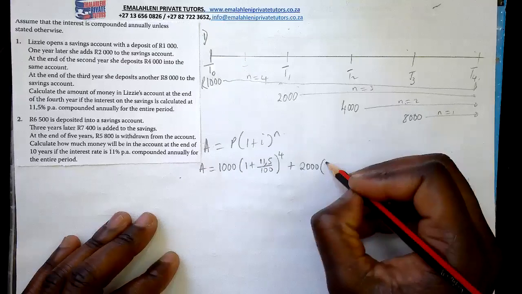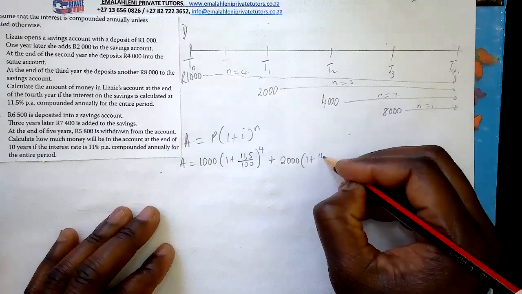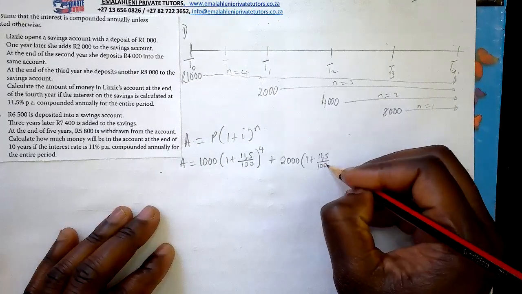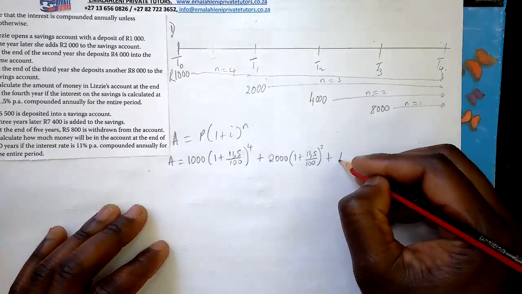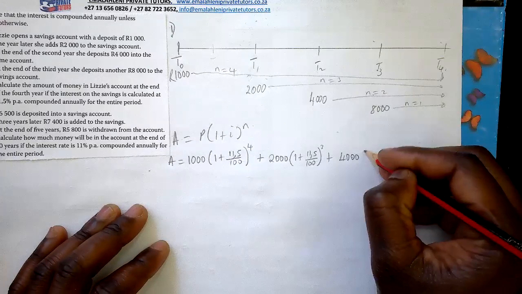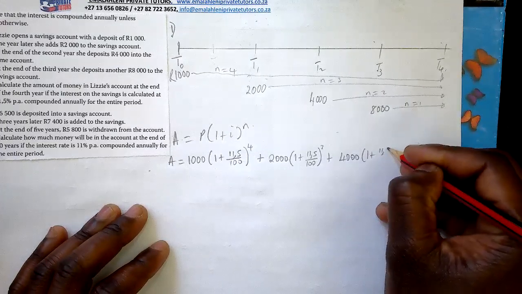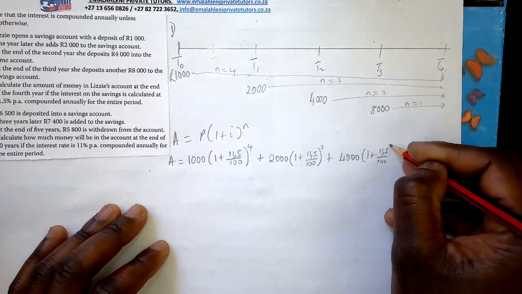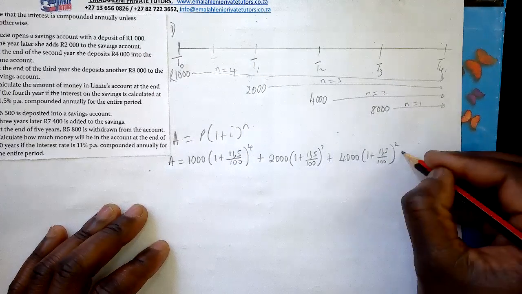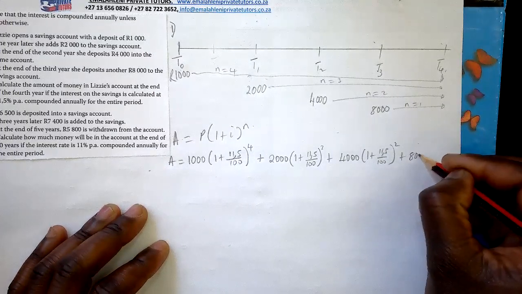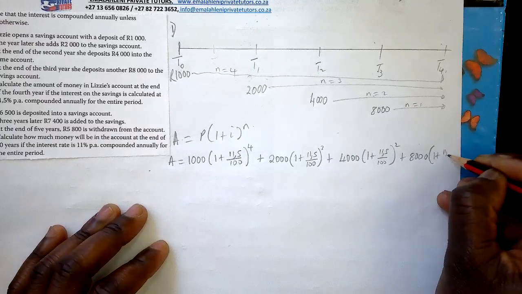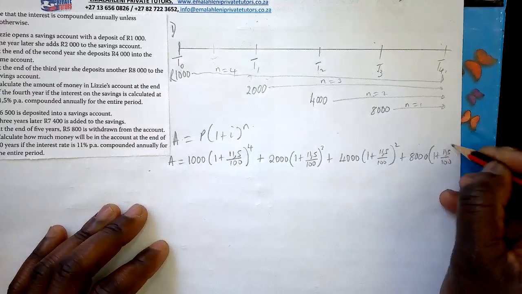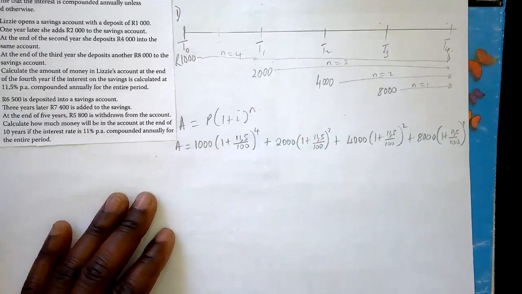In bracket, 1 plus 11,5 over 100 to the power of 3, plus 4,000 in bracket, 1 plus 11,5 over 100 to the power of 2, plus lastly 8,000, 1 plus 11,5 over 100 to the power of 1. Like that. That's what we're talking about there.